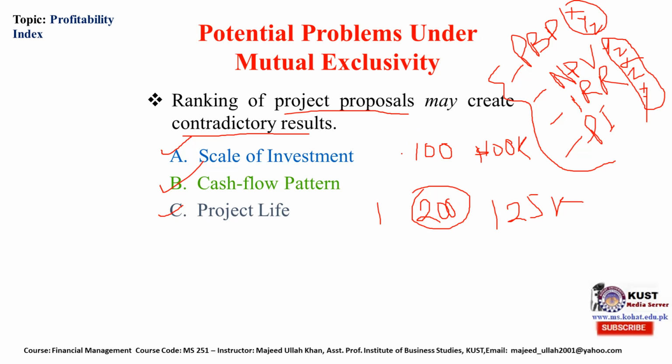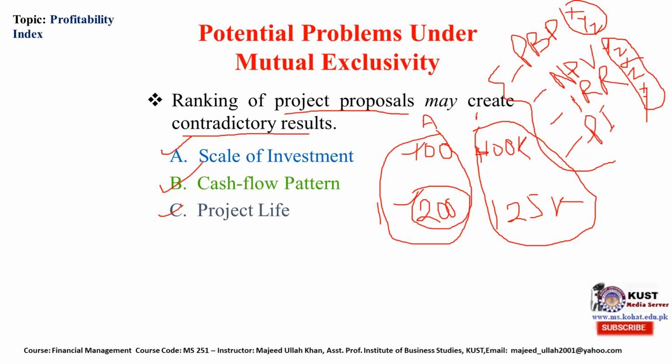Although on the basis of NPV, IRR, and profitability index, project A is very attractive, in absolute terms this project will give you more wealth if these are mutually exclusive projects. So which one would you want to initiate? This one gave you more wealth than the other. So the scale of investment is one of the problems that we will discuss in detail in a coming lecture.